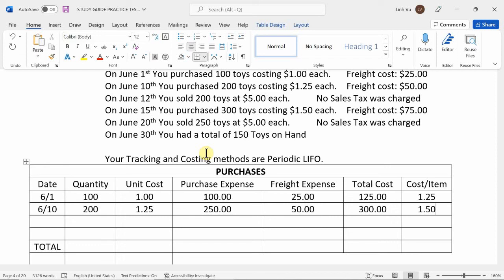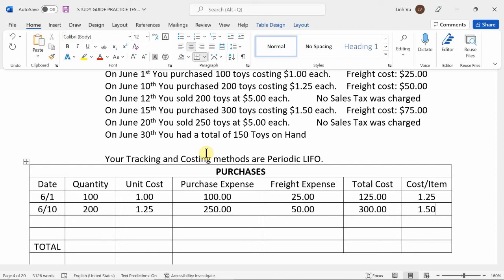But my question is right now, as of June 12th, do I need to record this information anywhere? No, because for periodic, we choose to not keep track of the items that we sell. We don't need to calculate our cost of goods sold yet. We wait till the end of the accounting period to do so. So in this case, nothing needs to be recorded.